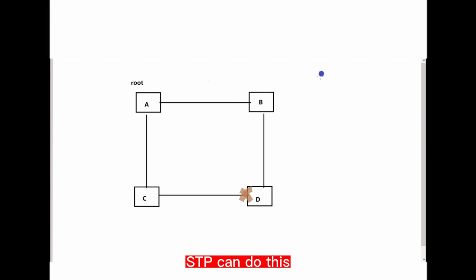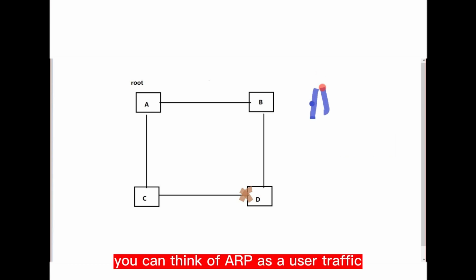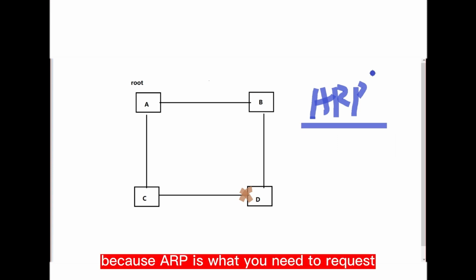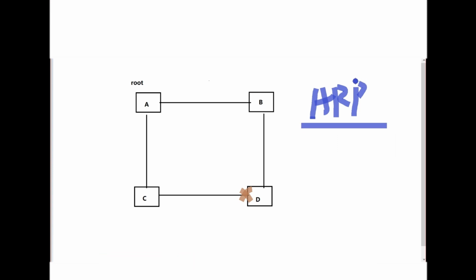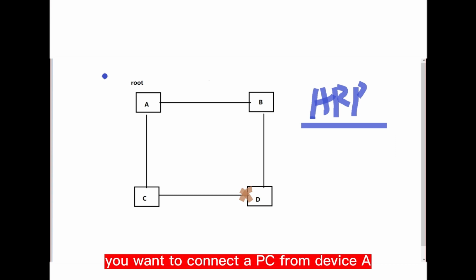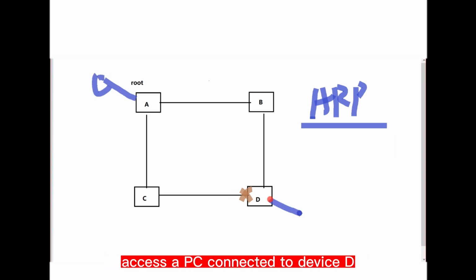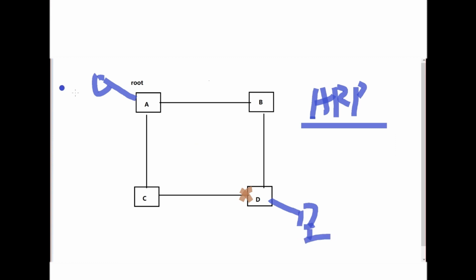STP can do this. As we just said, you can think of ARP as user traffic, because ARP is what you need to request. For example, you want a PC connected to device A to access a PC connected to device D, so it requests D's MAC.